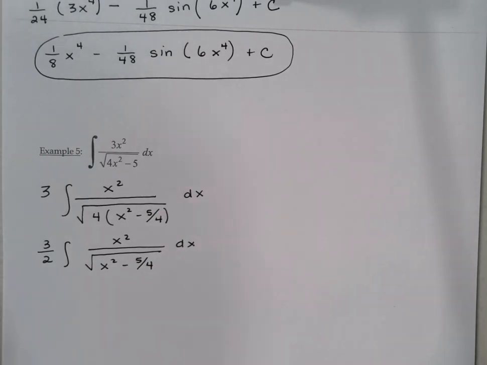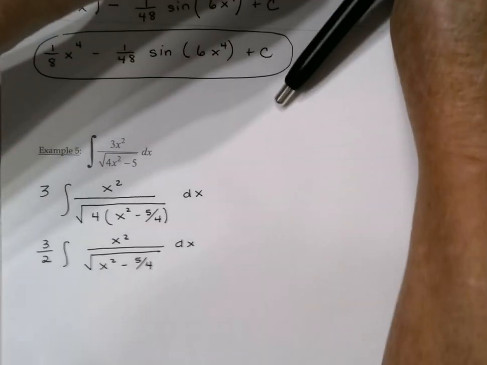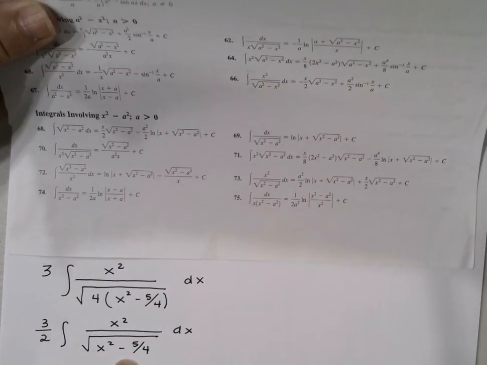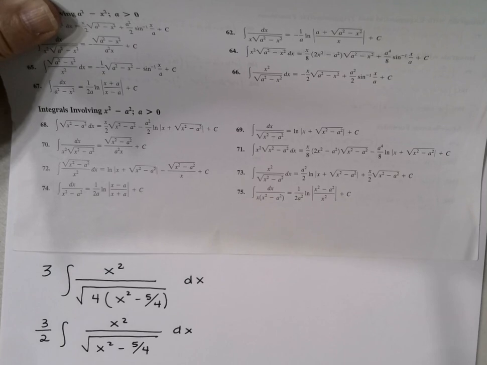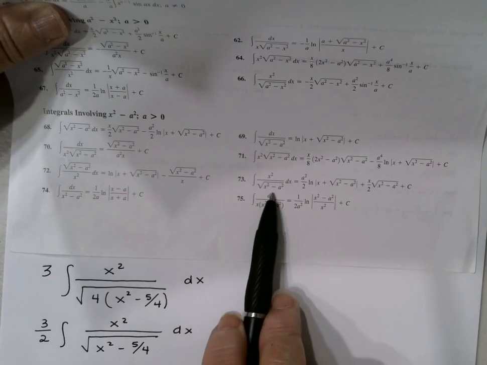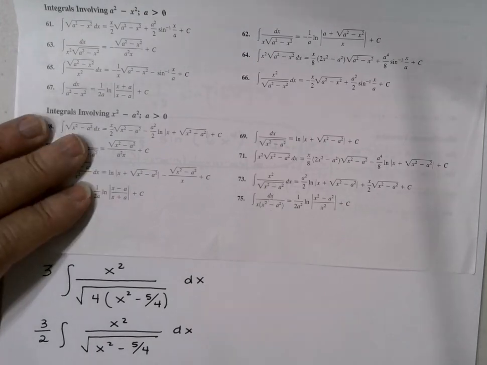All right, now I'm going to go to my list, and I'm going to see if I can find something that has this general form. I've got the x squared minus a squared idea going on here. And looking through there with the x squared on top of the radical, thinking, let's see, does it look like that one? Number 73, I believe. So let's use number 73.